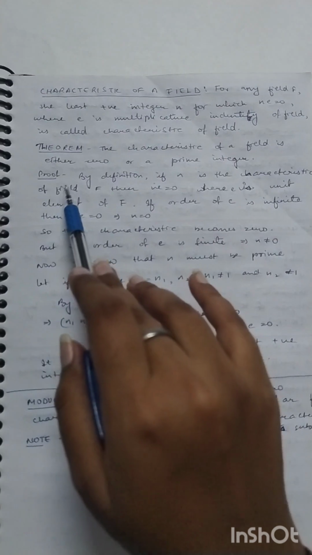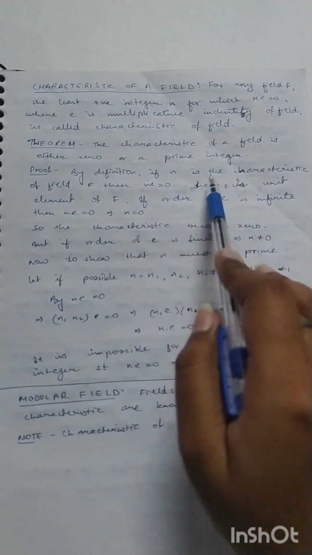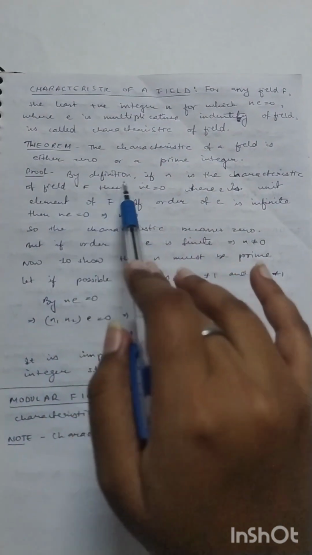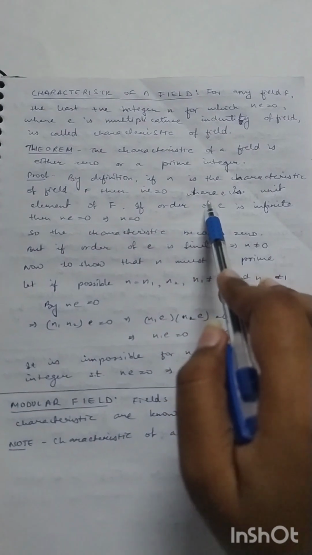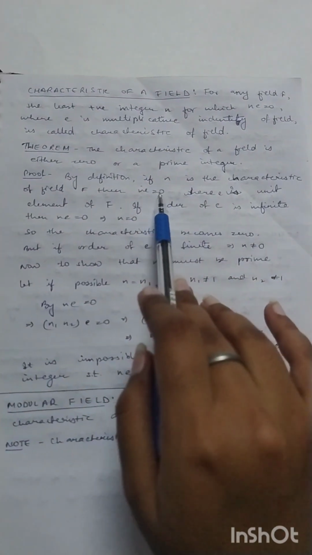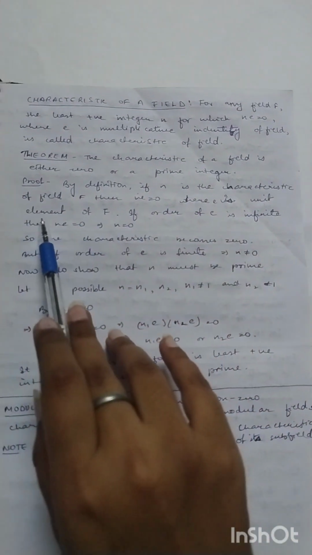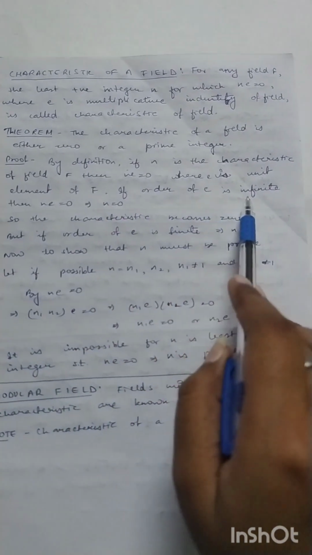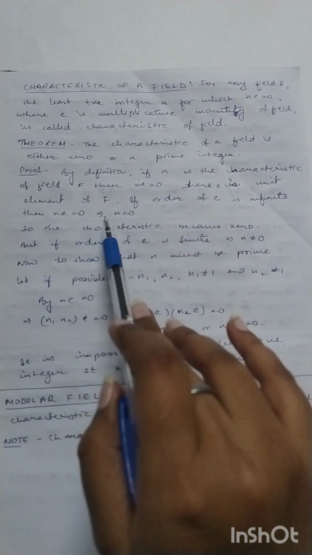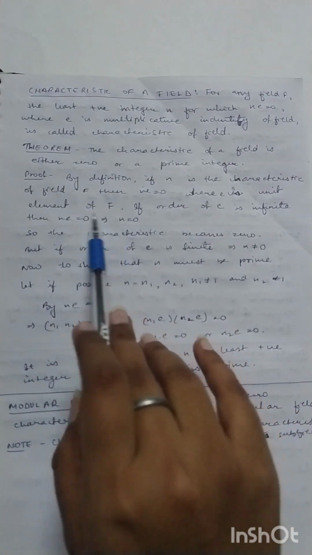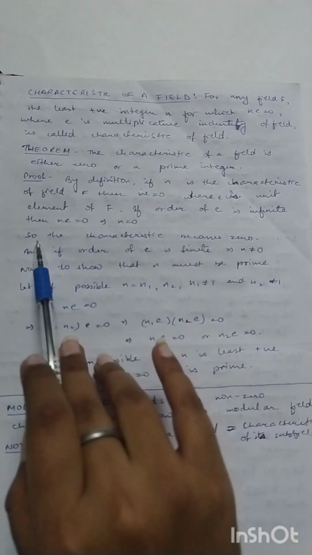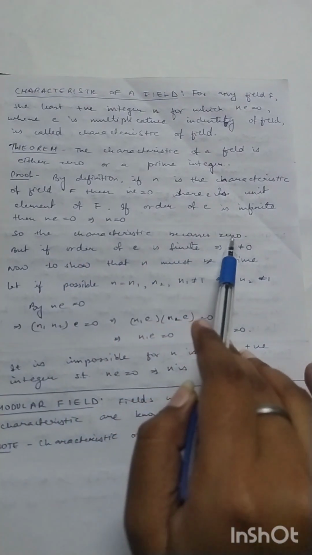The proof is by definition. If n is the characteristic of field F, then ne is equal to 0, where e is the unit element of F. If the order of e is infinite, then ne is equal to 0 only if n is equal to 0. So the characteristic becomes 0.